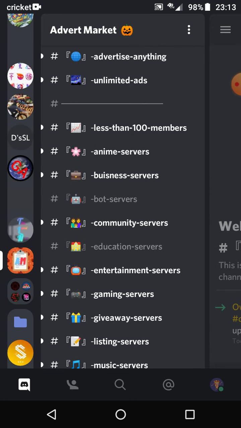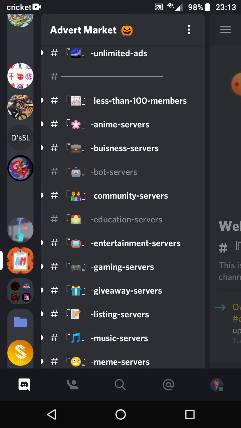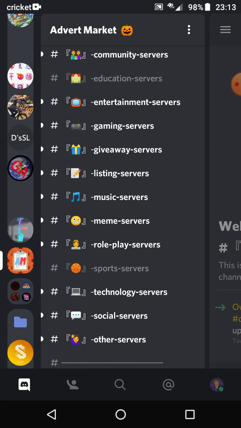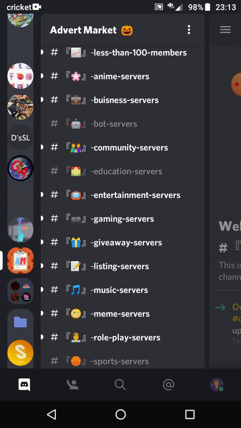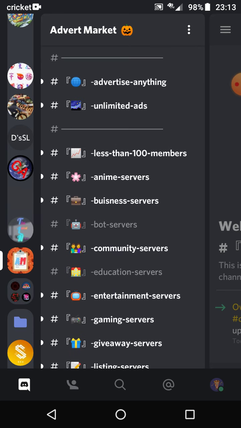Now, for each of these categories, with the exception of the ones that are self-explanatory, like less than 100 members, bot servers, most understands what listing servers means. But for anything outside of that, the ones that have other meanings, basically if it's self-explanatory, it's fine.